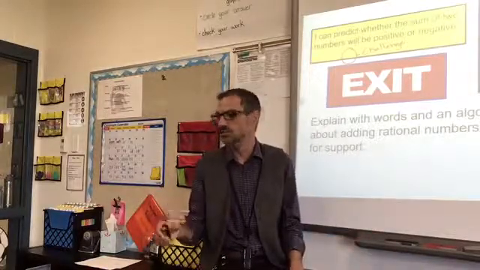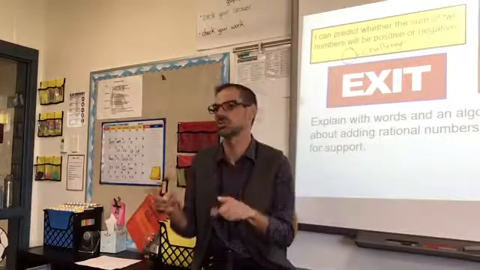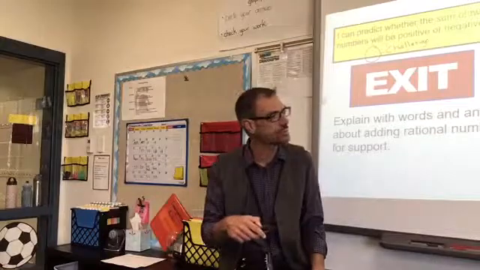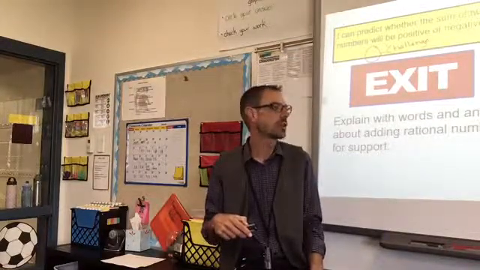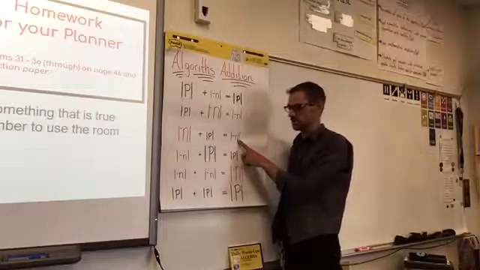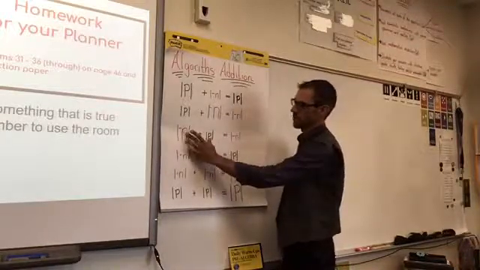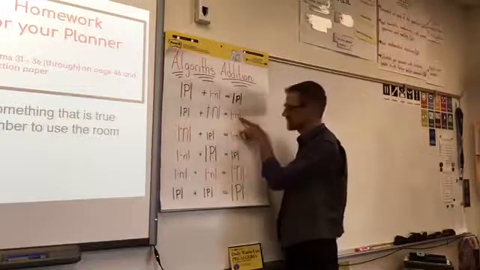Now, the only thing you have to do is give me a couple algorithms that show that is true. You need to find the algorithms that are switched, that show I've got a large negative plus a small positive in absolute value terms equals a small negative. If I flip those, like here, a small positive plus a large negative gives me the same answer.